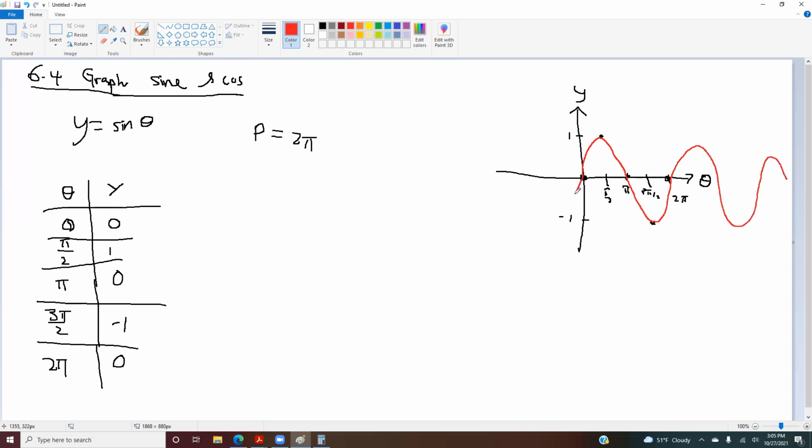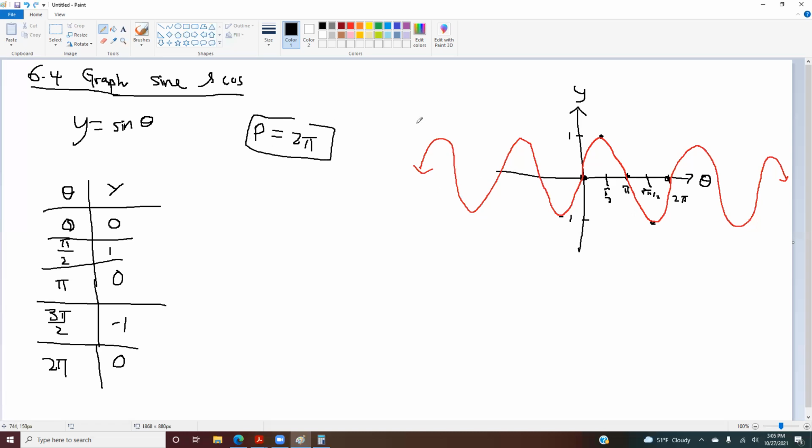It will be a hill, a valley, then a hill, and you keep on going nonstop. So this graph is called the sine graph. It goes from 0 to 1 to 0 to -1 to 0. This is how you get it. Anyone have any questions with this sine graph? This is a basic sine graph.